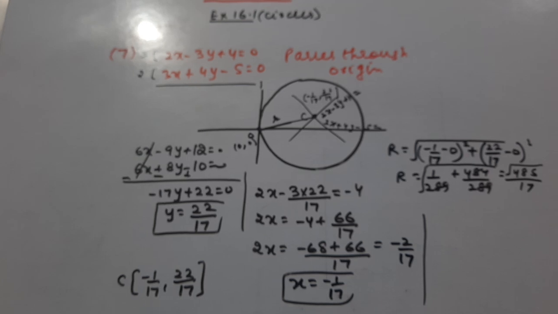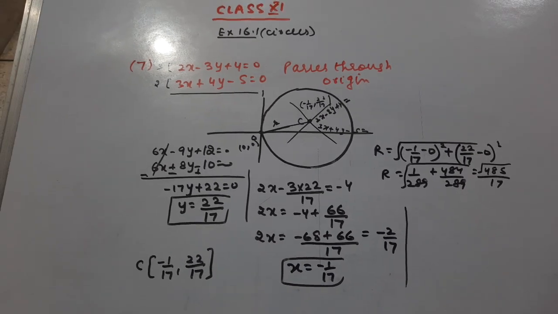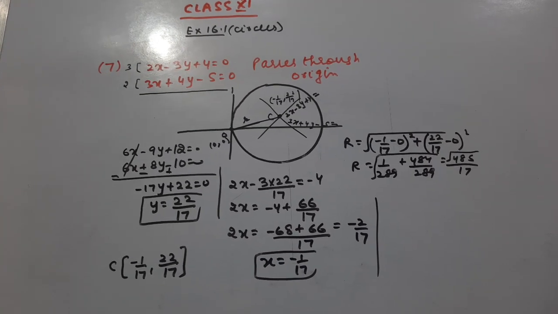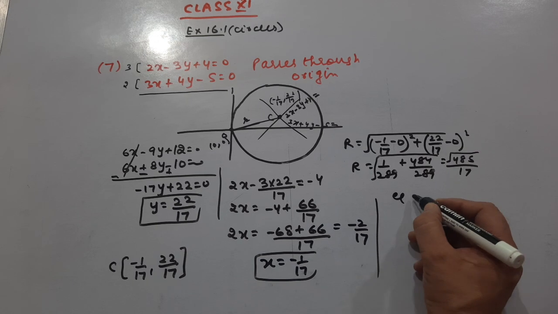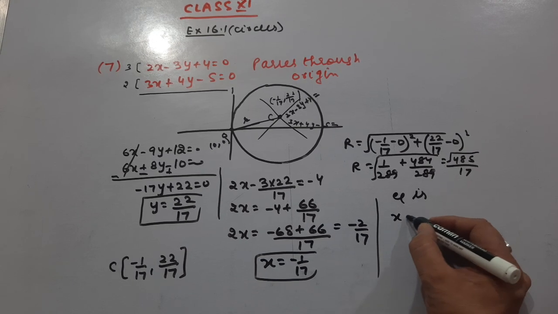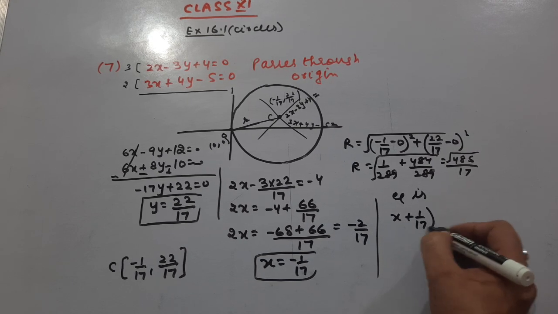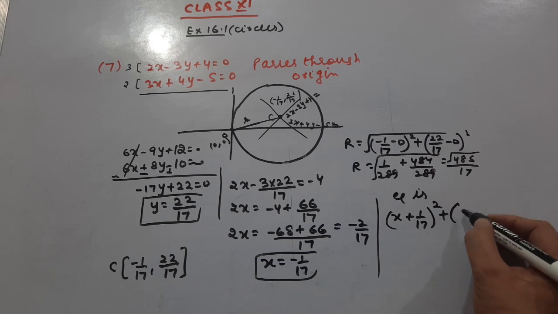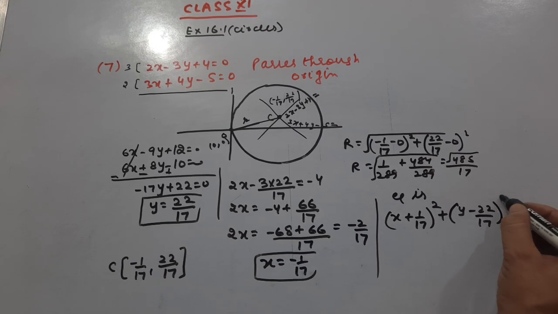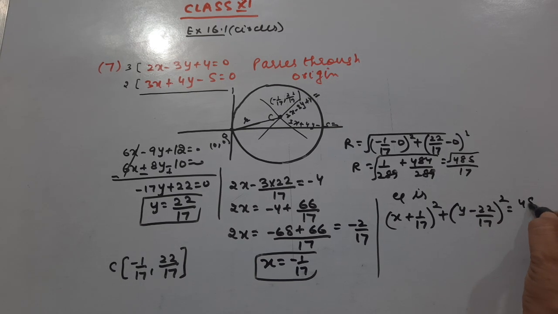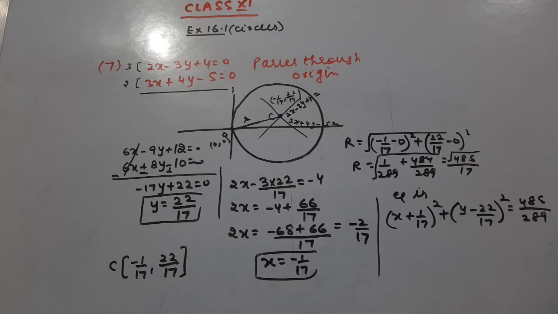Now students, the equation is (x minus h) whole square plus (y minus k) whole square equal to r square. r square is 485 upon 289, like this.